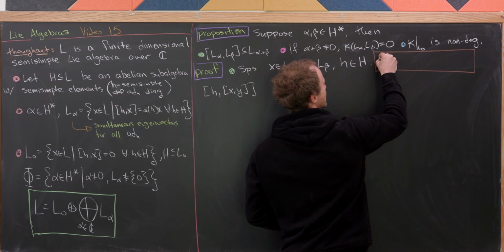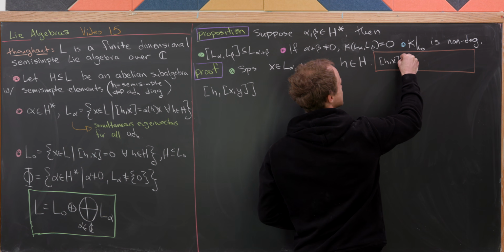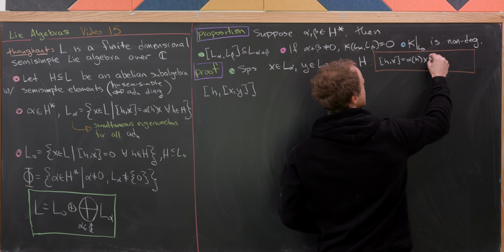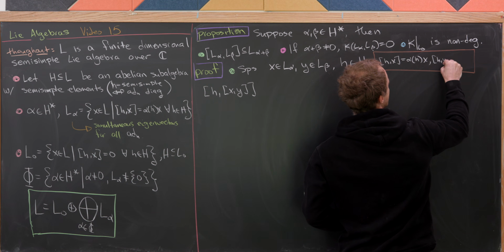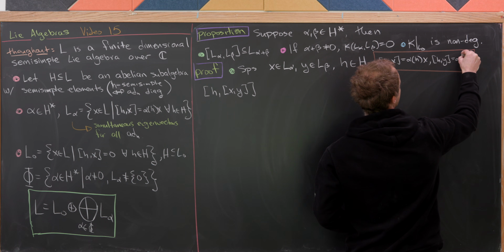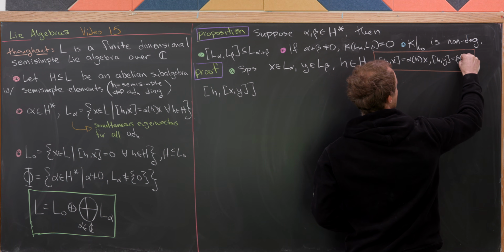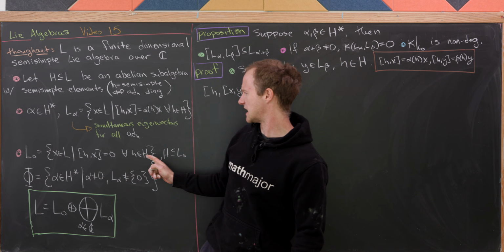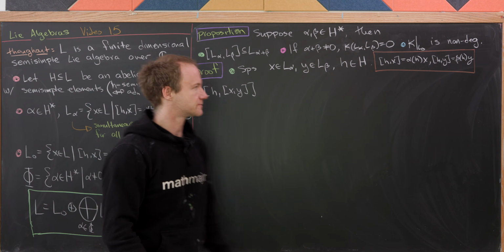This means the bracket of H with X is equal to alpha H times X, and the bracket of H with Y is equal to beta H times Y. Again, that's by this definition right here.